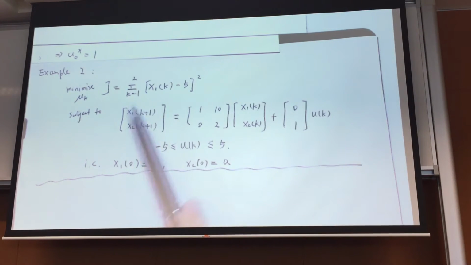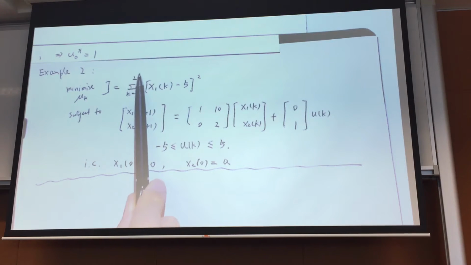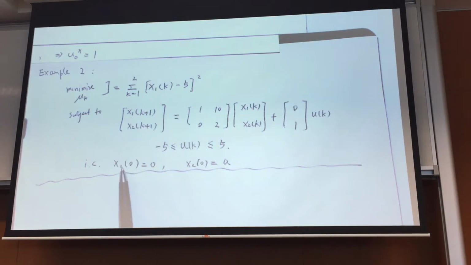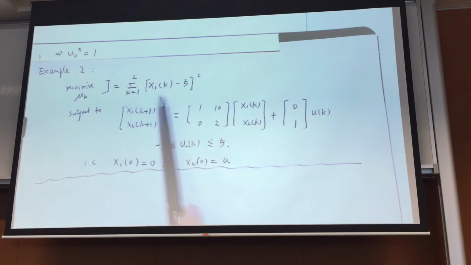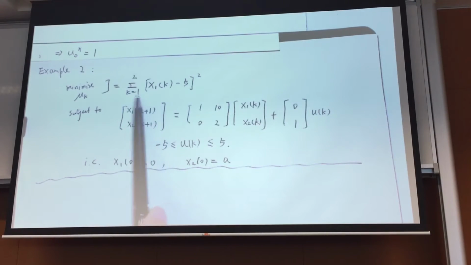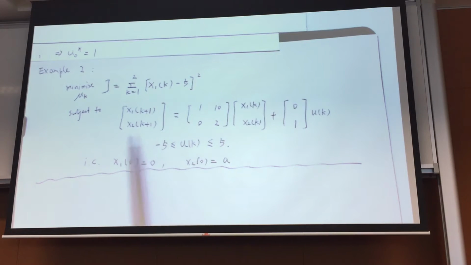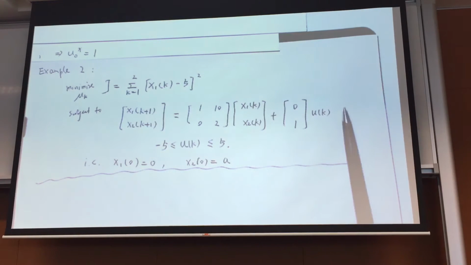From the update equation, we can get an equation for x11 and x12 depending on the initial condition and the input. The idea is that x11 and x12 are unknown, while our known variable is the initial condition, and what we want to optimize is the control input.